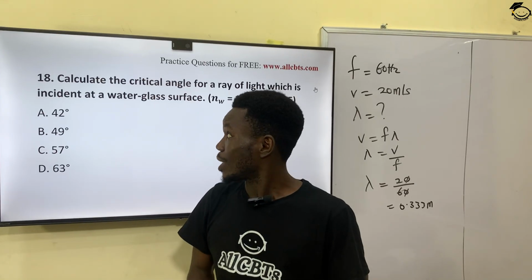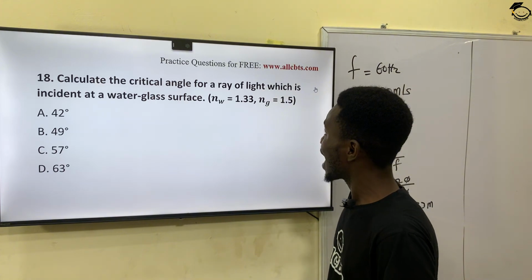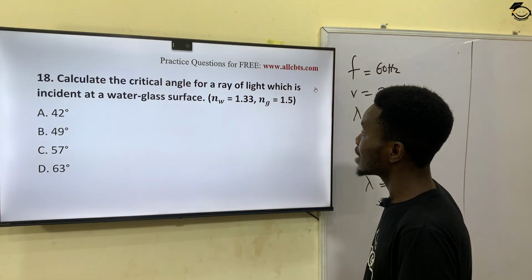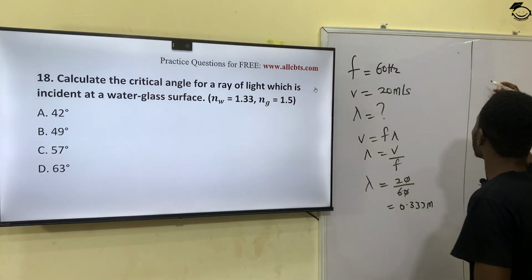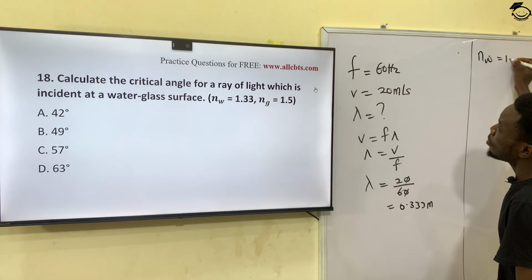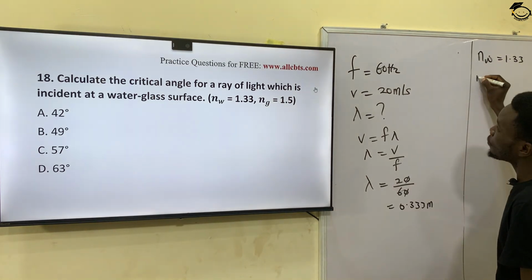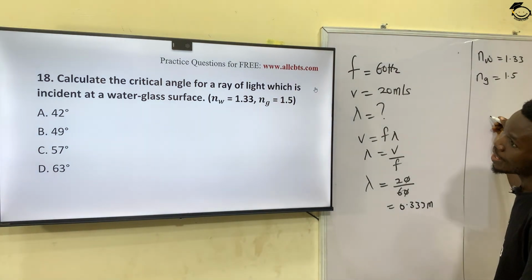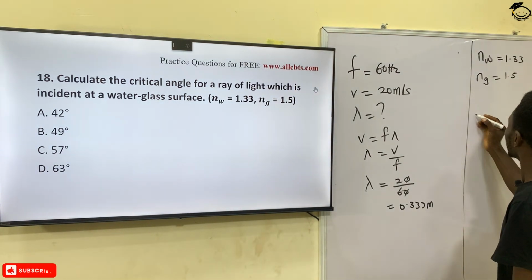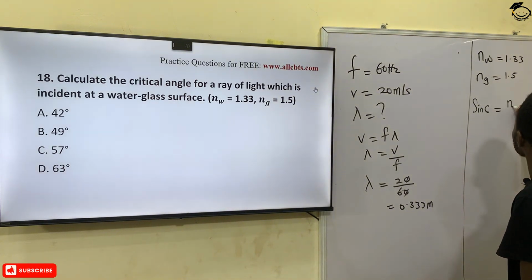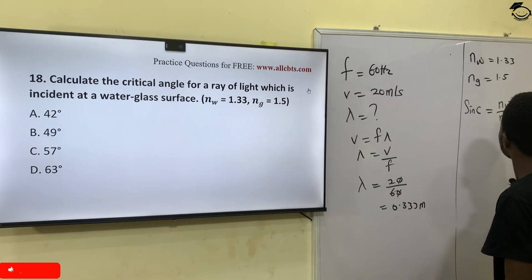Okay, that is question number 18, which says calculate the critical angle of a ray of light which is incident at a water glass surface. Now we have the refractive index of water in the question as 1.33, and the refractive index of glass as 1.5. We are asked to find the critical angle, and we know that sine of the critical angle is equal to the refractive index of water over the refractive index of glass.